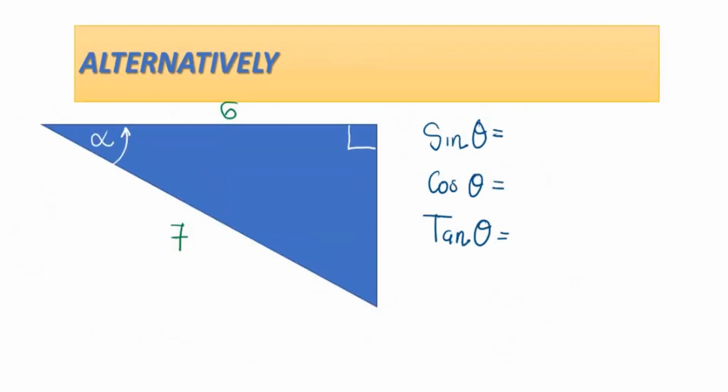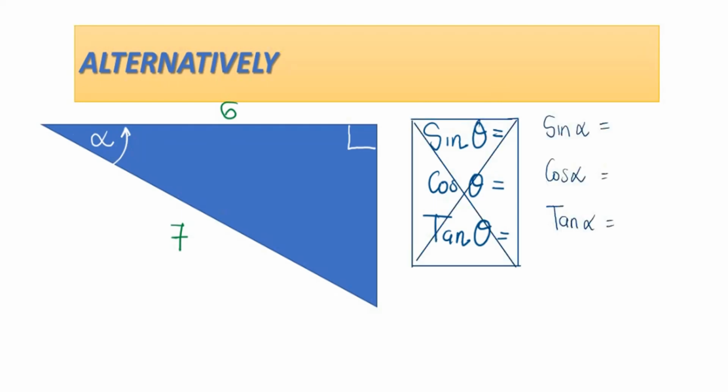So now what happens if we are asked to define our trig ratios in terms of alpha? I just made a silly mistake. This is actually supposed to be alpha. I was supposed to write sine alpha, cos alpha, tan of alpha, but I had sine theta, cos theta, tan of theta.